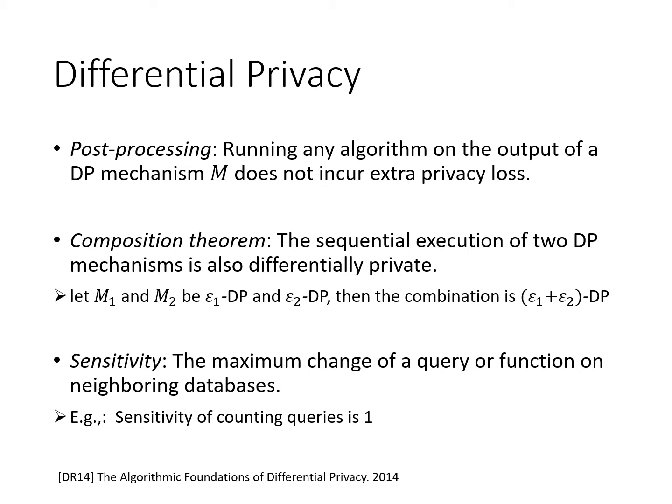And the sequential execution of two differentially private mechanisms is also differentially private. This is called the composition theorem. For example, let M1 and M2 be epsilon1 differentially private and epsilon2 differentially private. Then their combination is epsilon1 plus epsilon2 differentially private.